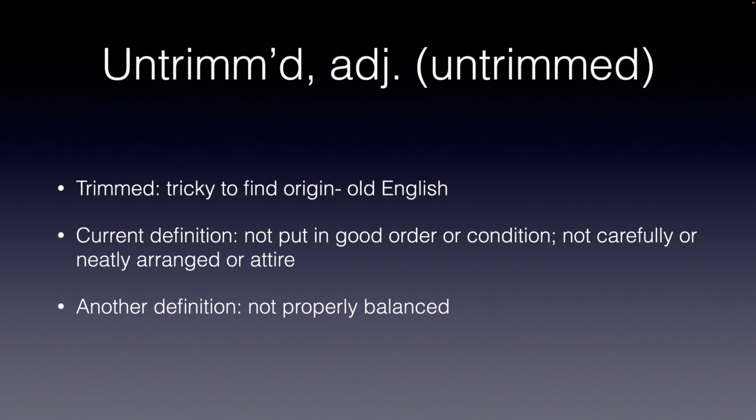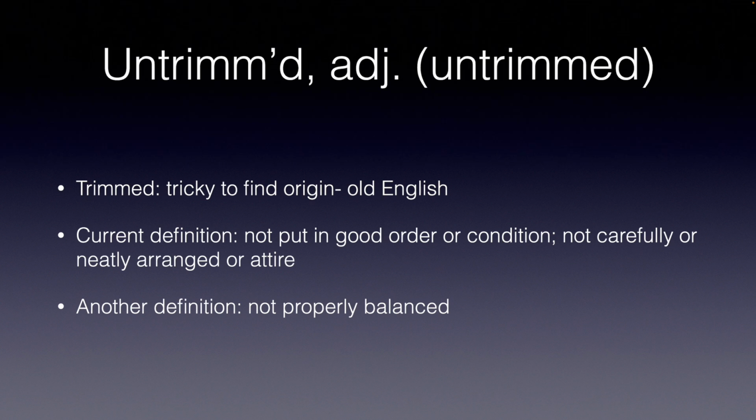Untrimmed, which I, of course, looked up the spelling that we use today in the Oxford English Dictionary. So this is really tricky to find the origin. It comes from the word trimmed, and what I found was it originated in the Old English language.